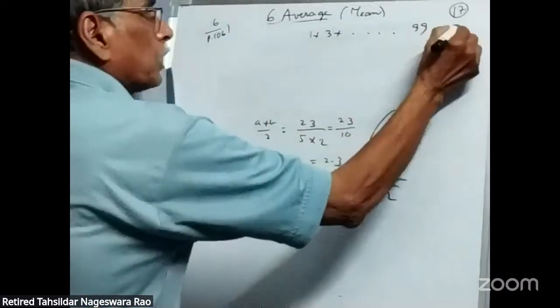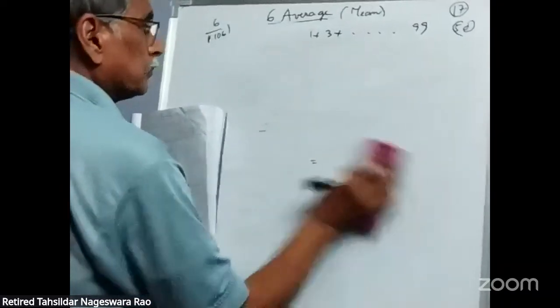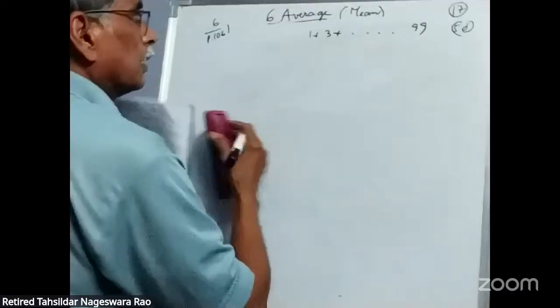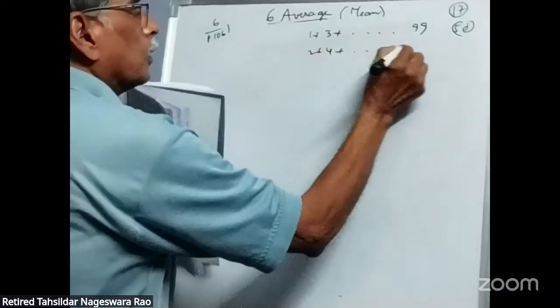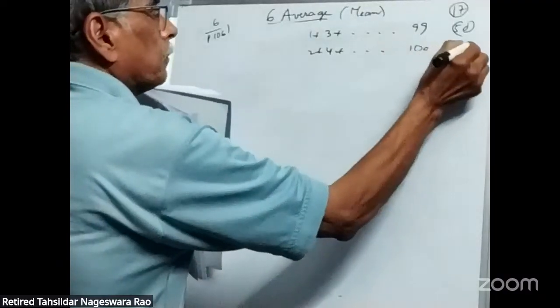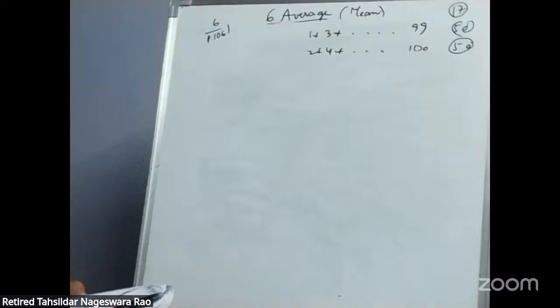How many are there? If you count, there will be 50 in number. Why? Because 2, 4 up to 100 also gives 50 even numbers.